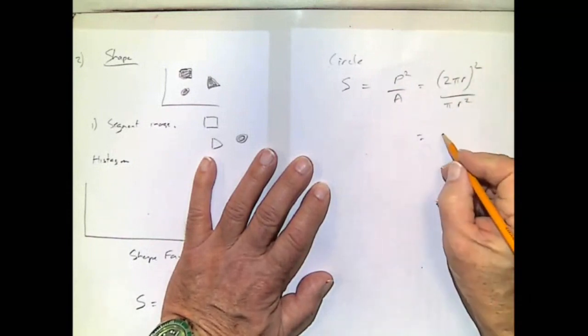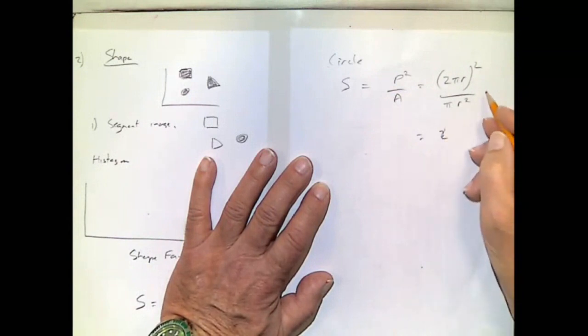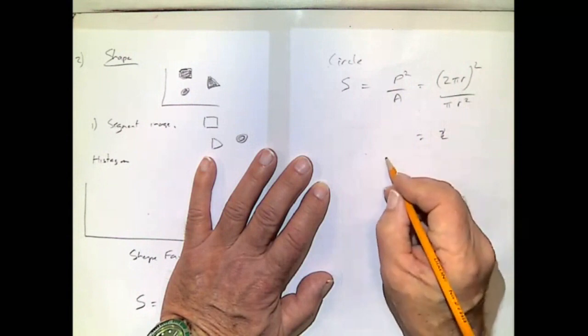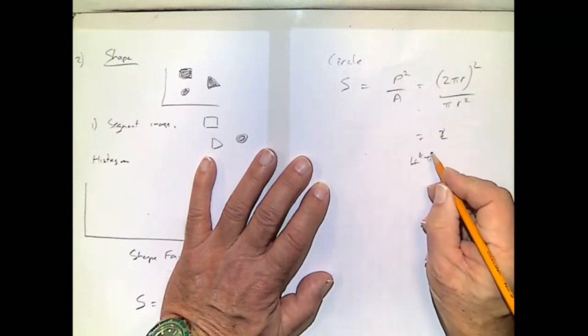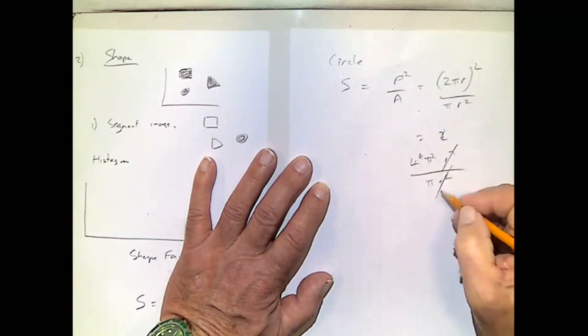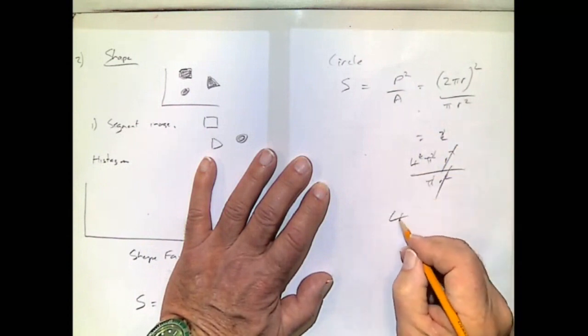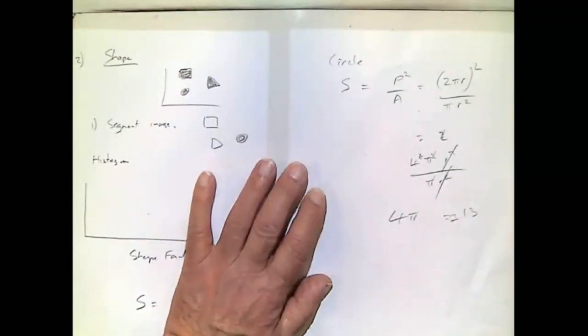That is 4 pi squared R squared divided by pi R squared. The R's go, one of the pi's go, 4 pi. And 4 pi is equal to approximately 13.